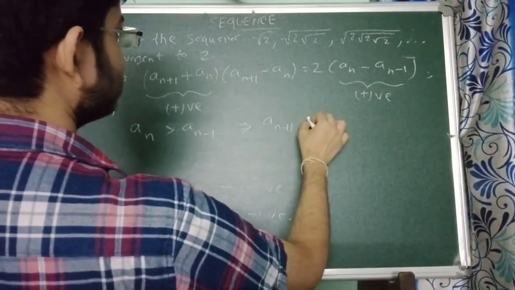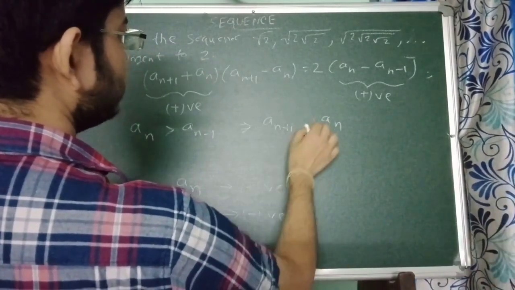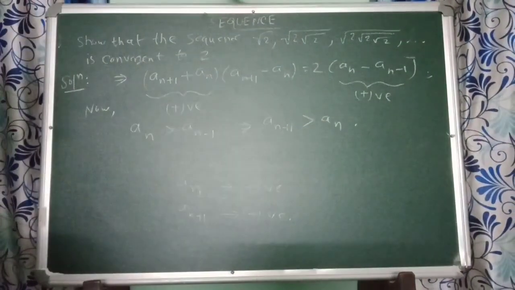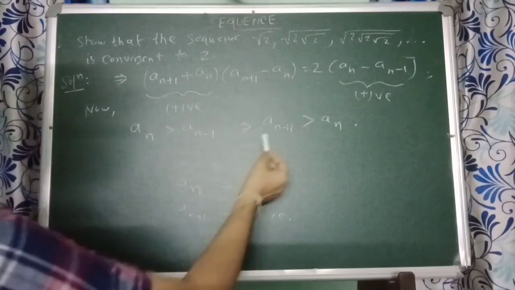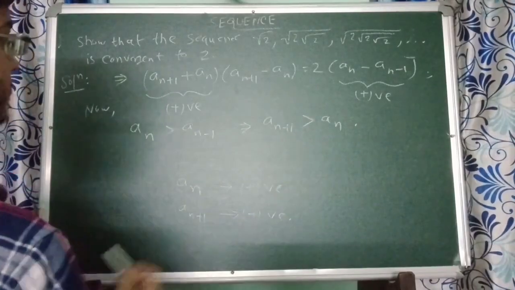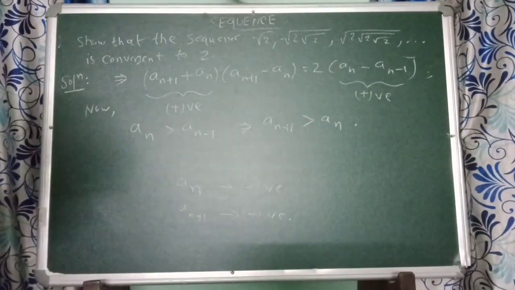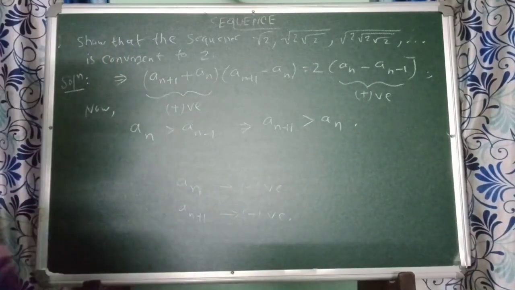So a_{n+1} minus a_n is a positive quantity, that is a_{n+1} is greater than a_n. So a_n greater than a_{n-1} implies that a_{n+1} is also greater than a_n. Now we are checking whether this part is positive or not.